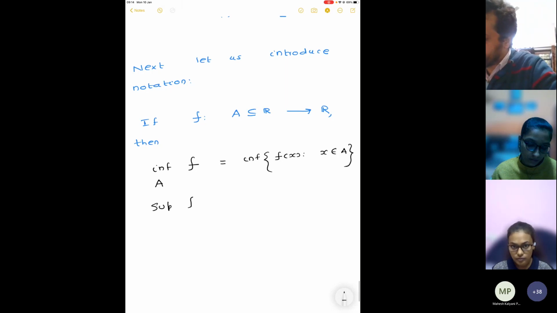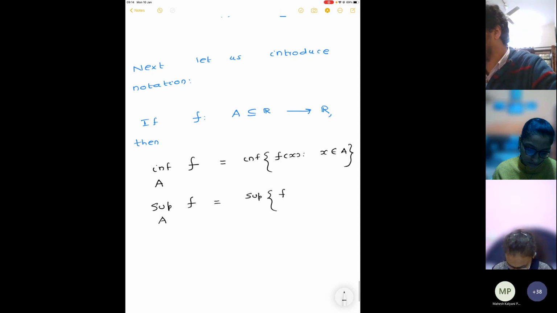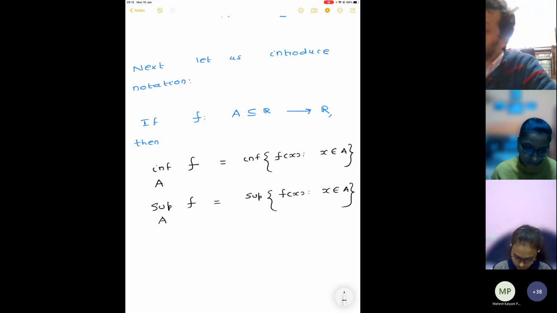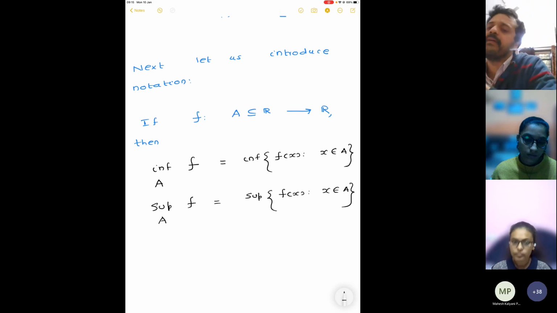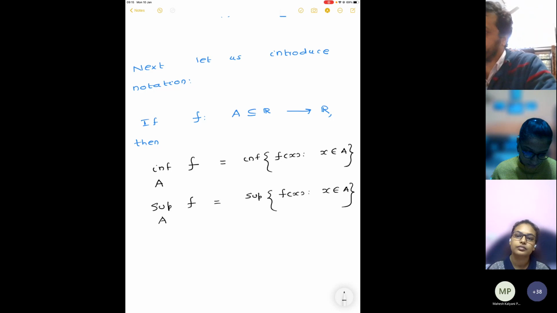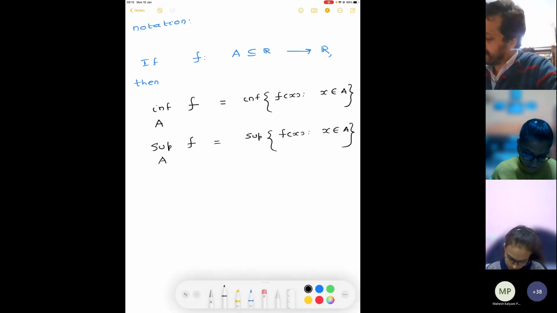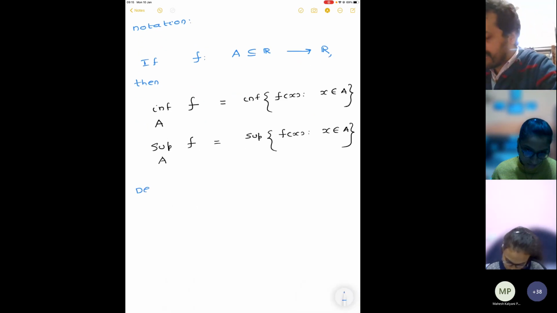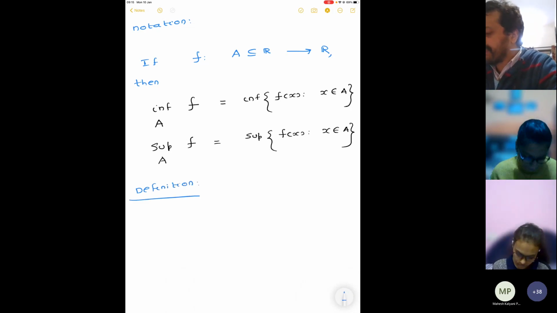And sup f, this is just notation, is the supremum of f of x, x an element of A. I don't claim infimum and supremum exist as a finite real number, because there is no condition I have imposed on f. It can be a finite real number, or it can be infinity or minus infinity, whatever it is. Now, next definition. These are all for equipping ourselves to define the Riemann integral.